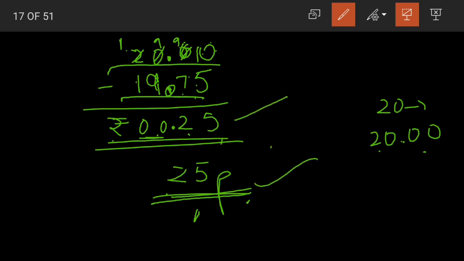Understood? The addition and subtraction are the same. The only difference from the normal addition and subtraction that we do is that we are placing a point here in between the numbers. Clear, children?